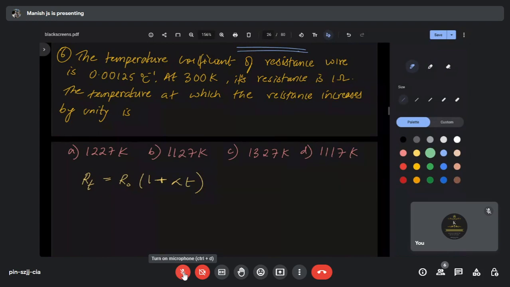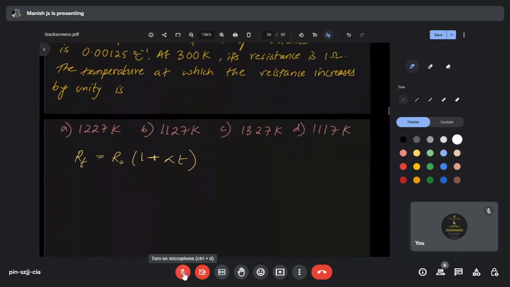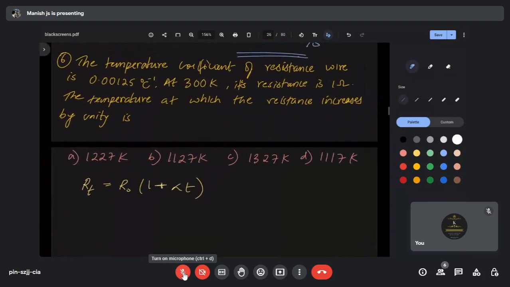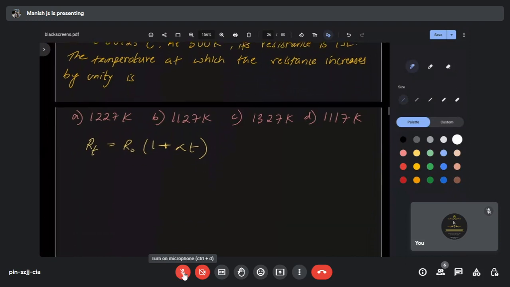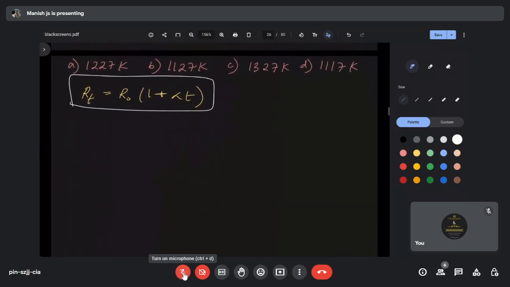So first you convert everything into degree Celsius so that the calculation becomes easy. Keep everything in Celsius. This is the general formula, the base on which we are going to solve this question.